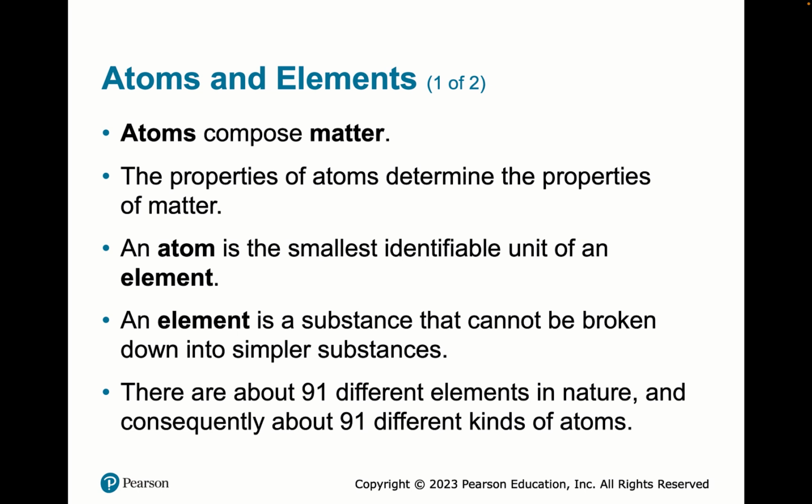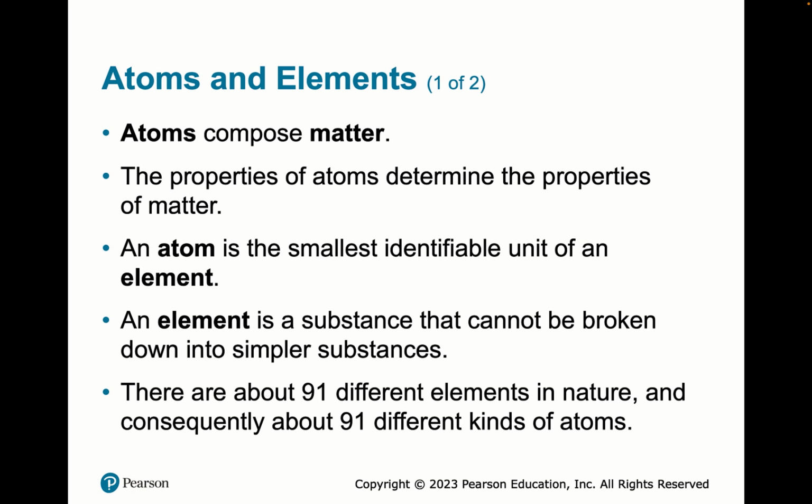We know of about 91 different elements. This is a debatable statement. It just depends on what you consider to be man-made and nature-made, and there are various processes by which we can form elements. We know of, at the time of this recording, 118 elements, and it's not entirely sure if we will discover more. We might, we're not sure.